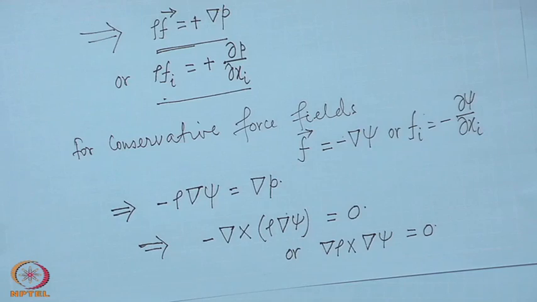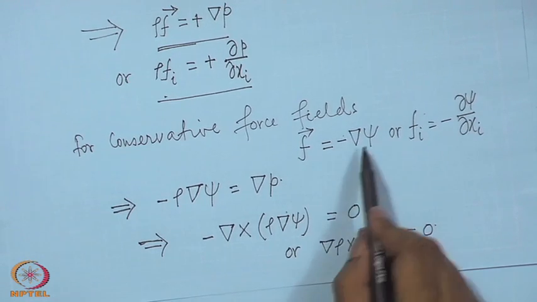These surfaces we may call level surfaces, because the pressure is the same on that. So, there are level surfaces for pressure, similarly level surfaces for density, and also level surfaces for psi.